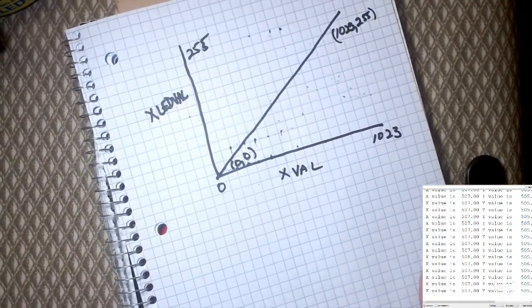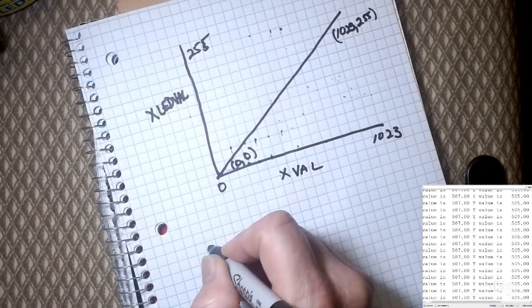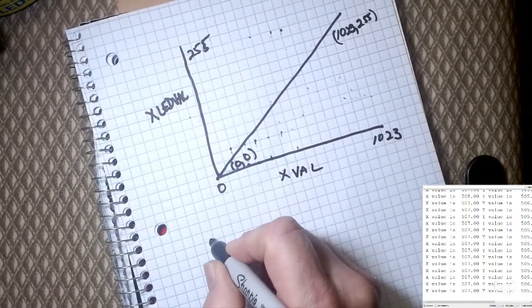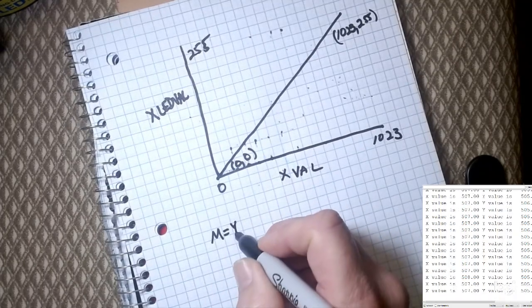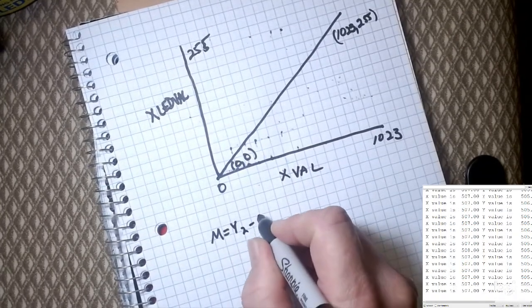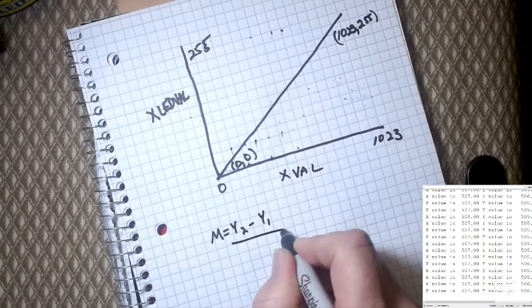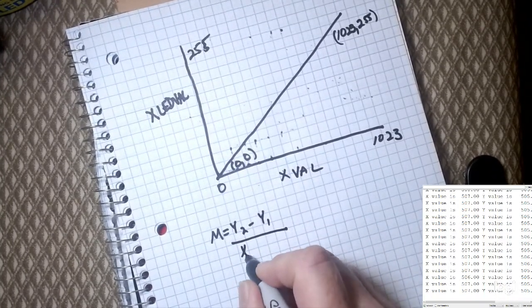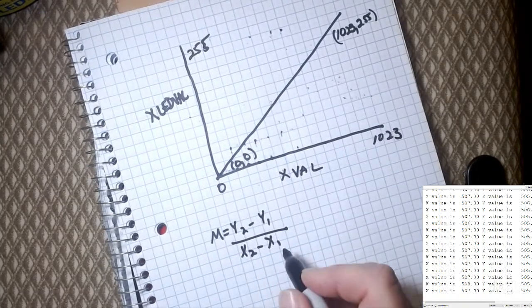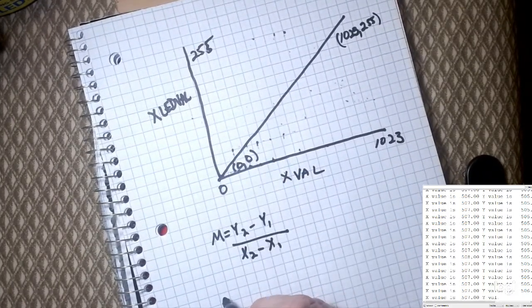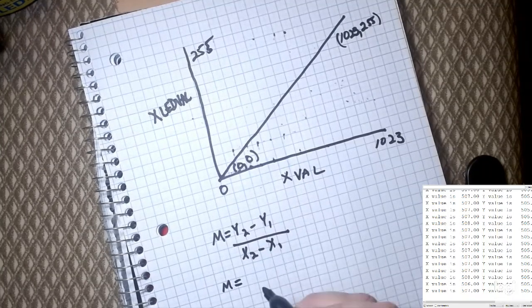And I don't know if you've learned the slope formula yet, but it's m equals y2 minus y1 over x2 minus x1. So let's use this in terms that we're trying to deal with.